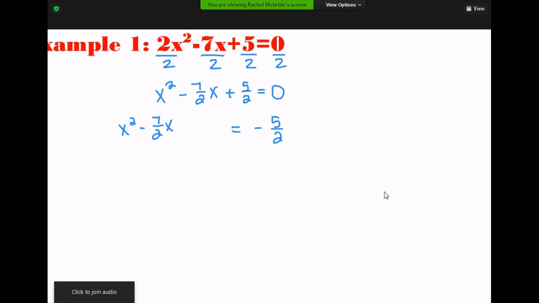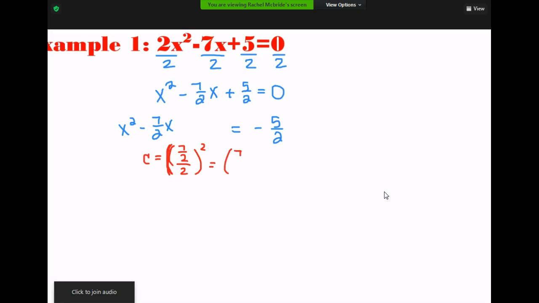So we're going to find the value of C that would complete our square. So that would be like 7 halves divided by 2. So that's really like multiplying 7 halves times 1 half.